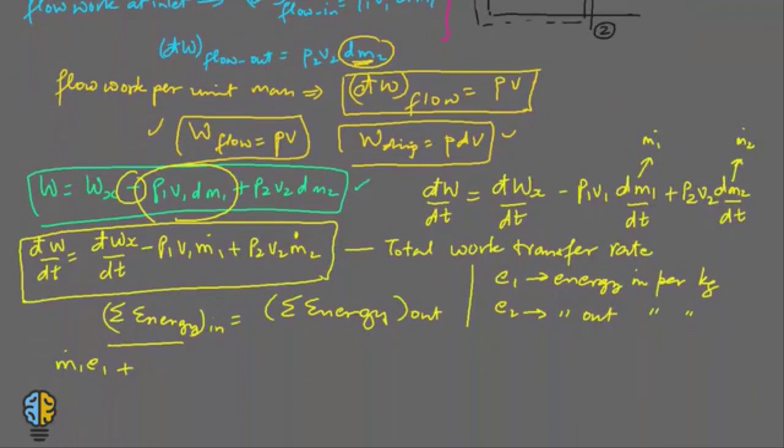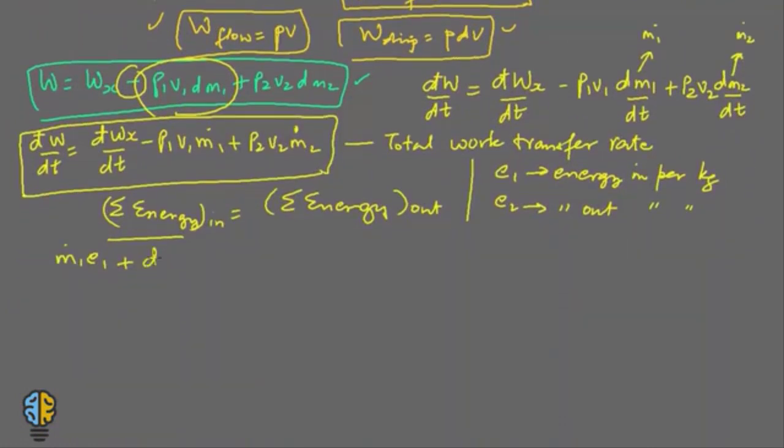So you would write down plus d'Q by dt is equal to m2 dot E2, that is the energy outflow rate, plus dW by dt, that is this. So this is the work that we are getting out of the complete system. Now put in the value of this from this equation.